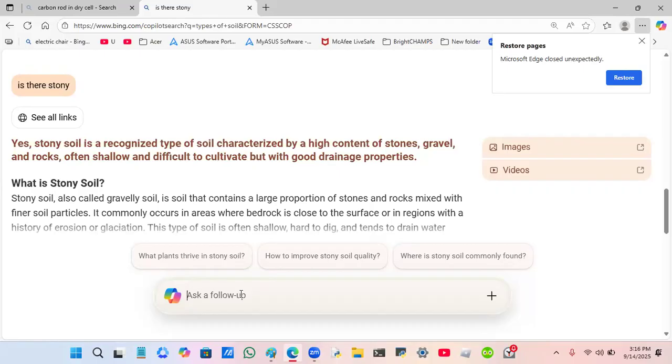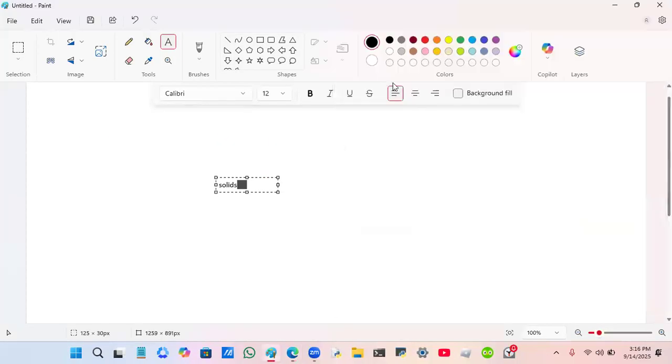Let's not allow anything to confuse us. Let's move on. So should I skip it? Yeah, skip it. It's not looking confusing because Google is telling us that some places can be called stony soil. But I know that when they were teaching us those things in agriculture, they didn't teach us stony soil at all. So yes, let's continue.